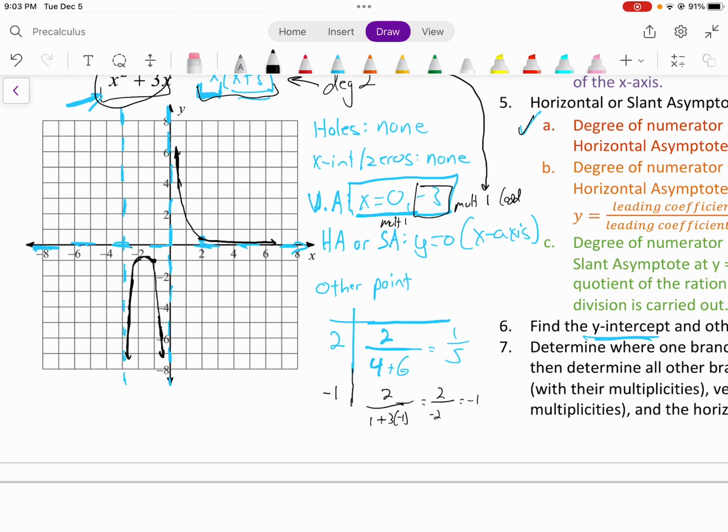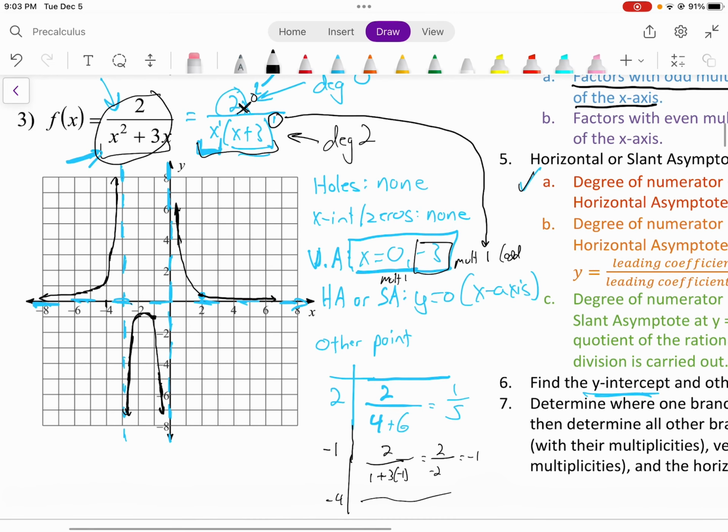It's on the bottom side of the x-axis. So on the left side of the asymptote, it has to be going up. So we'll put an arrow there. And really, it's going to come down, and it has to then approach the horizontal asymptote. If you wanted to be more precise, maybe you could plug in the point -4 and see what that equals, but I'm not going to do that right now. So right there is the graph of our f of x function.